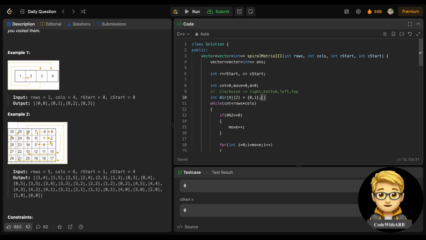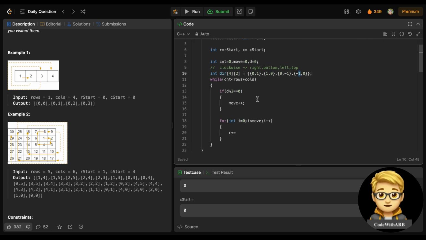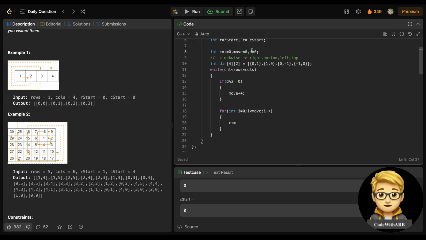For bottom, this will be 1 comma 0. For left, this will be 0 comma minus 1, and for top, this will be minus 1 comma 0, right? And this will go into this. So this is the direction. First direction is right, then bottom, then left, and then top.